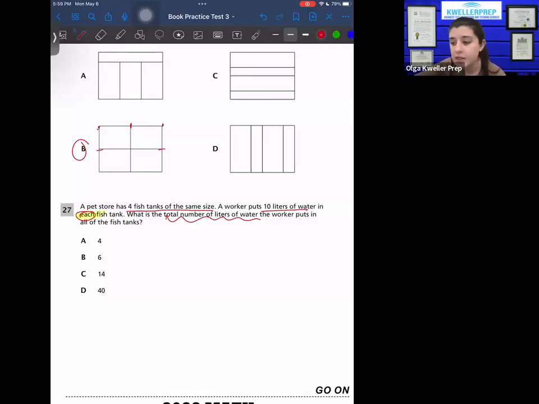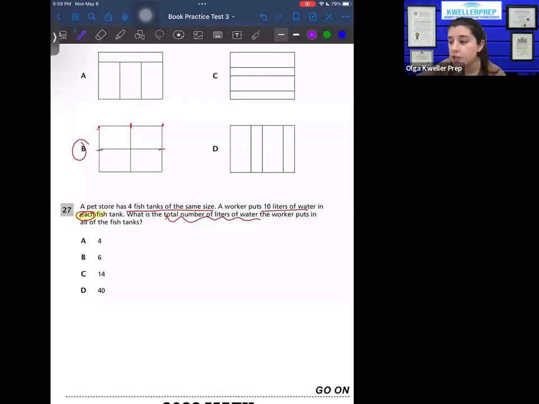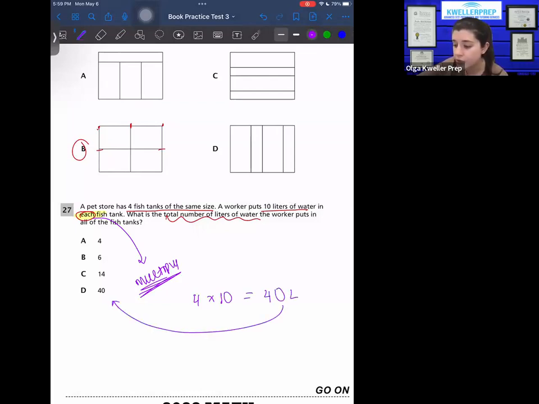I can't emphasize this to you guys enough. So even if you know nothing about math, if you're horrible at math, if you really, really struggle, this word each tells you what to do. It tells you that we have to multiply or divide. In this case, we are multiplying. So 4 fish tanks multiplied by 10 liters in each tank gives us a total of 40 liters that he puts in all of the tanks combined.